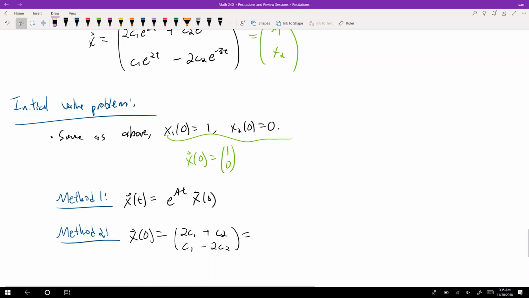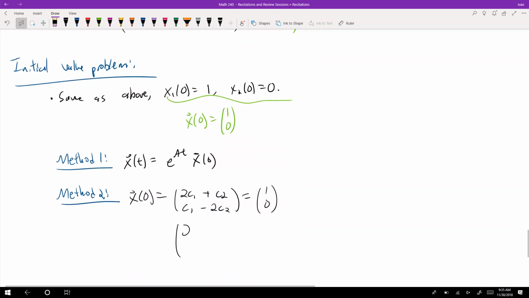And that's supposed to be equal to (1, 0). Okay, so now all we have is a system of 2 equations, 2 unknowns, and we have to solve for c1 and c2. So this is really the augmented matrix 2, 1, 1, negative 2, and then 1, 0 from the right-hand side.